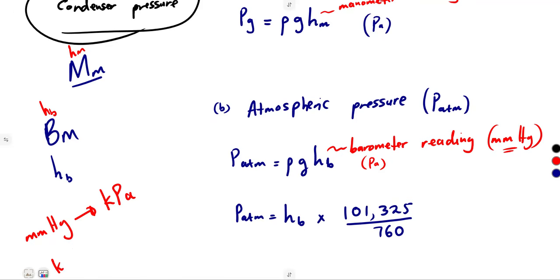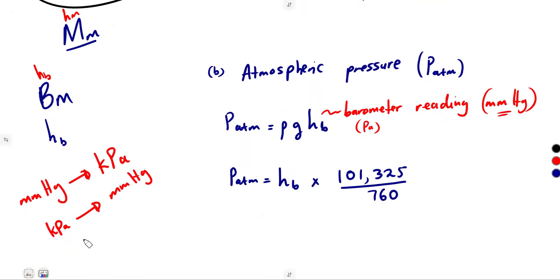So it is the opposite. When I am given the kilopascals and I want to convert them to the millimeters of what? Of mercury, it means I'm going to multiply. This time it is going to be like this for me to convert, because it's kilopascal. I'm going to take whatever that is in kilopascal, the pressure, and I multiply it by 760 over 101.325.